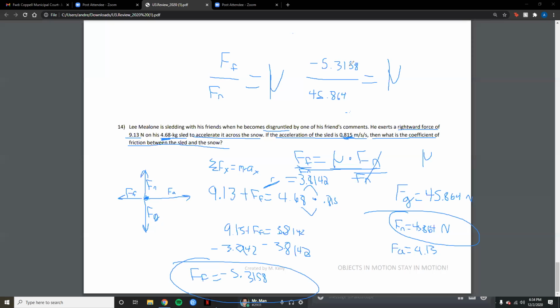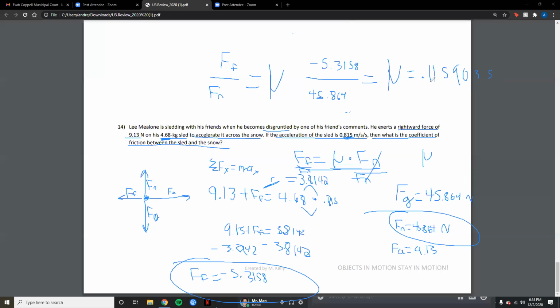So do that math: 5.3158 divided by 45.864. Your answer would be negative 0.1159 something, but mu is always positive, so mu would equal 0.1159035. I rounded it to 0.12.